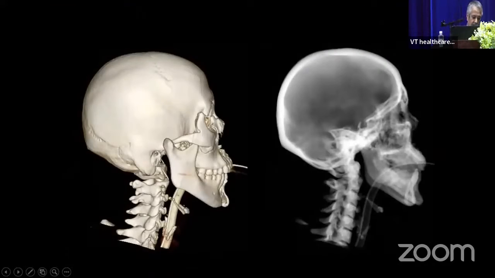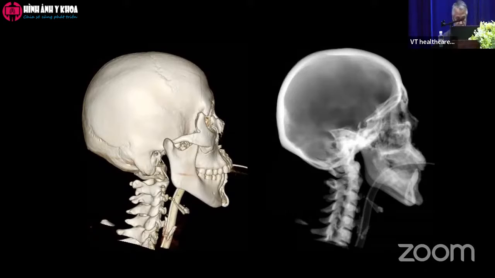The same applies to the side image, even in the direction of the right temporomandibular joint, it overlaps on the X-ray image.